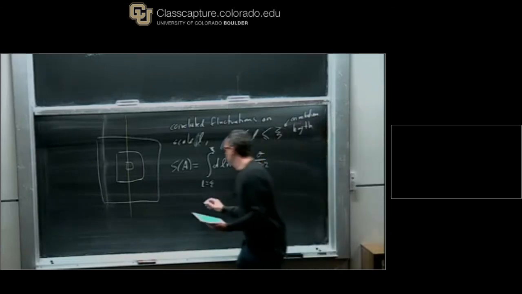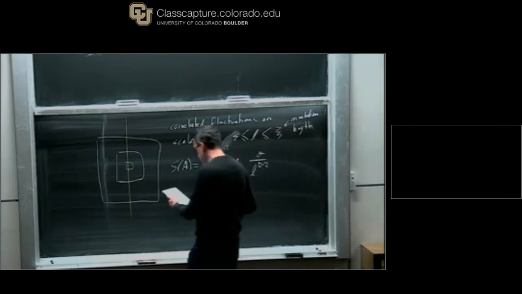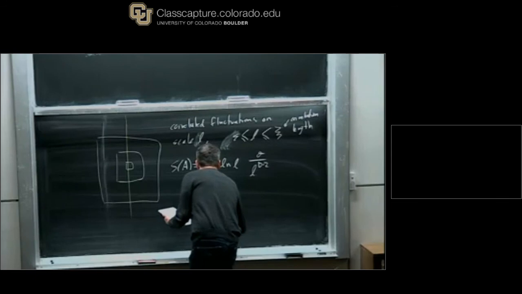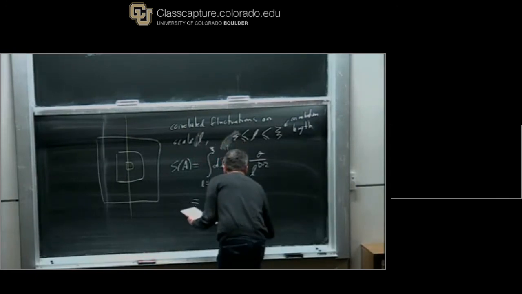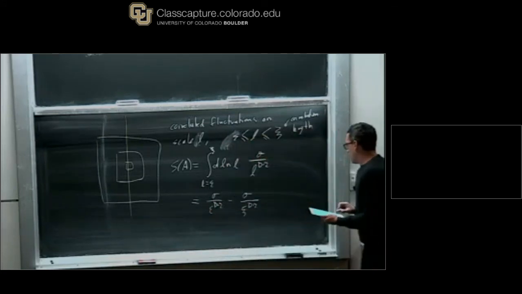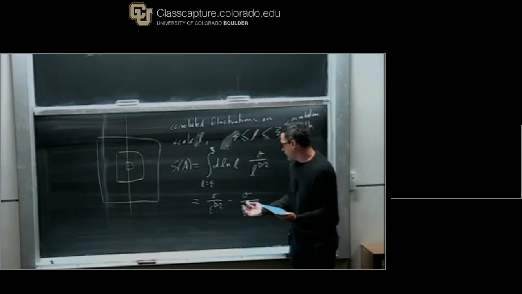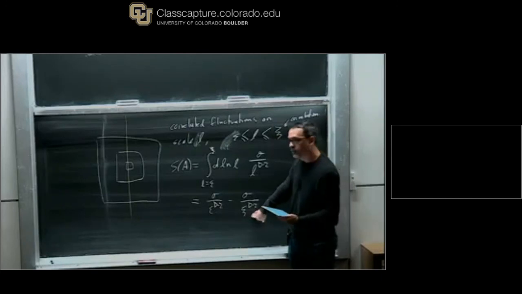But if we just took this seriously and did the integral, then you get sigma over epsilon to the d minus 2, which is what we got before, minus sigma over xi to the d minus 2. So you get your UV divergent term, but you also get a term from the correlation length.